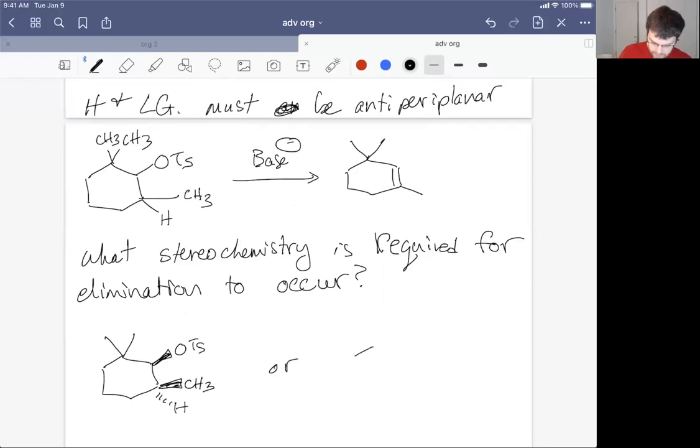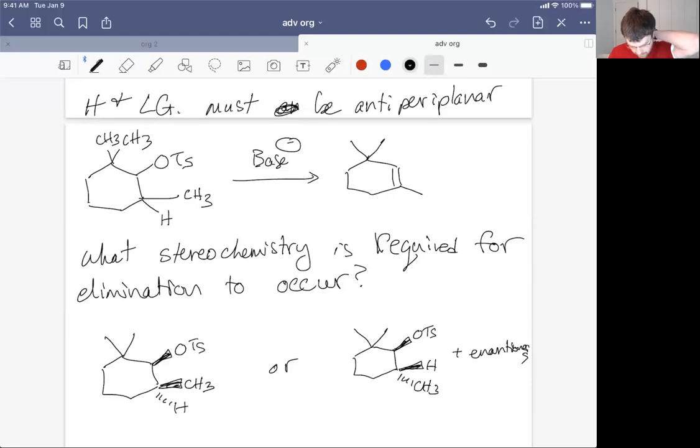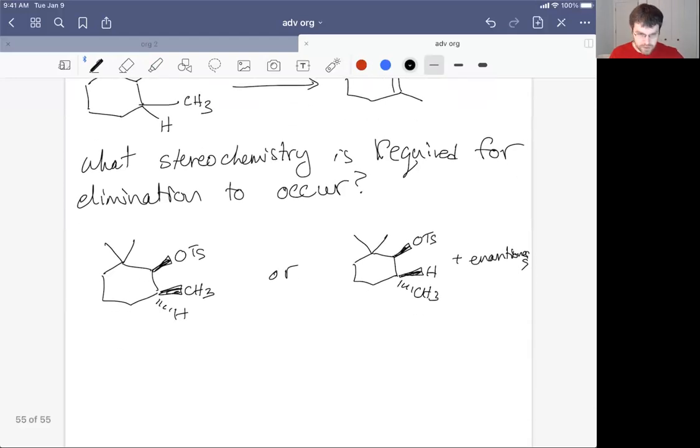Or we could consider something where the OTS is a wedge, the H is a wedge, and the CH3 is a dash, plus the enantiomers. For the moment, let's not consider the enantiomers, and just think about what stereochemistry would allow for the elimination to occur.